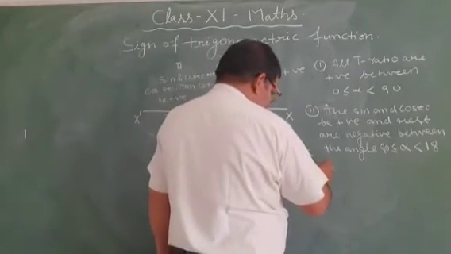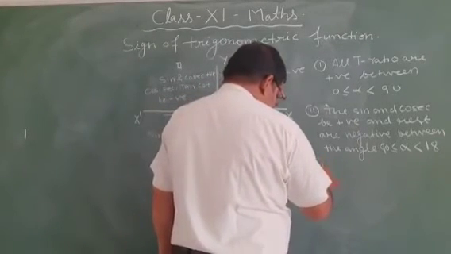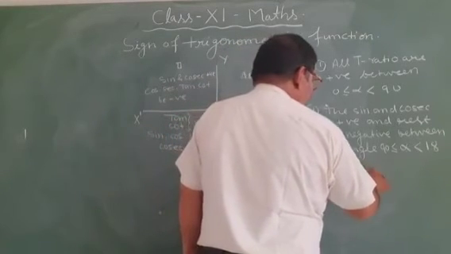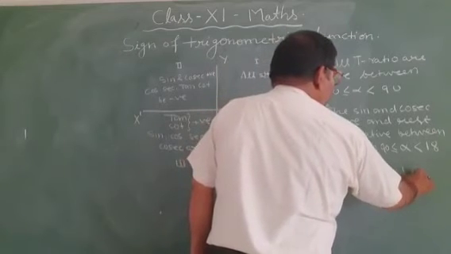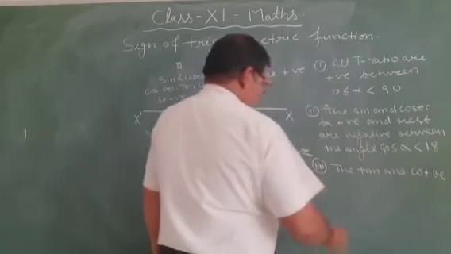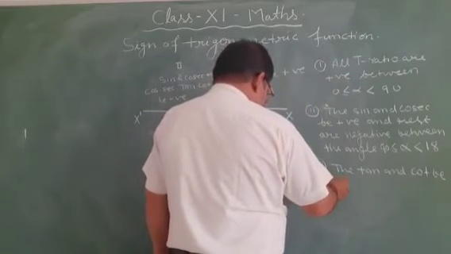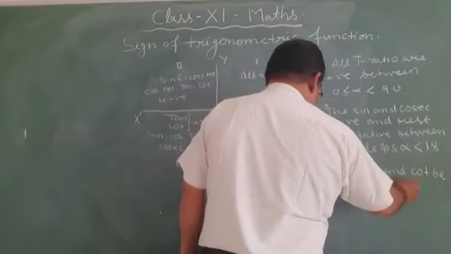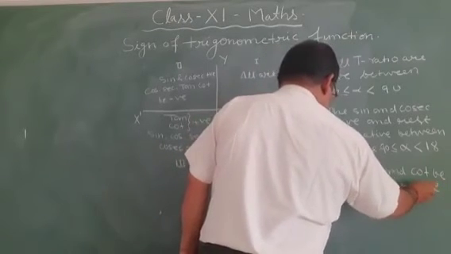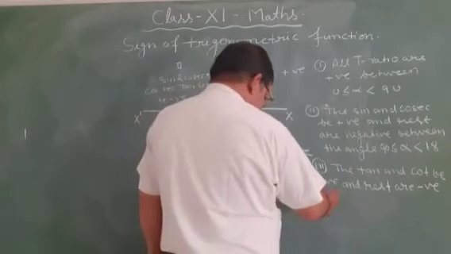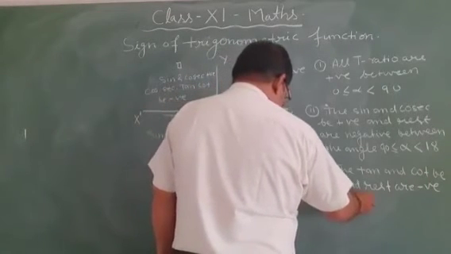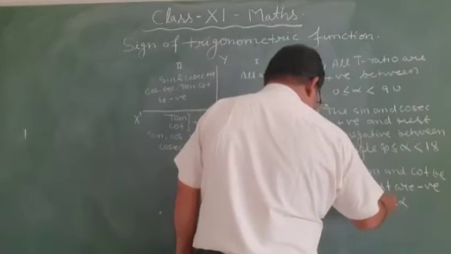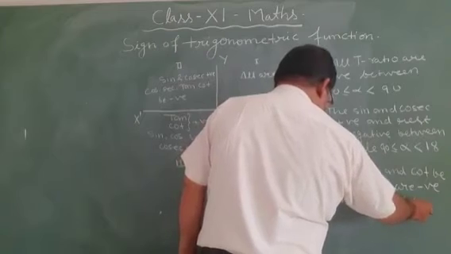And the third, the tan and cot be positive, and the rest are negative, between alpha 180 to 270.